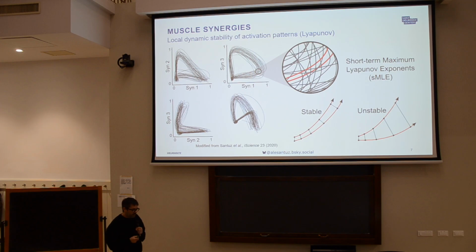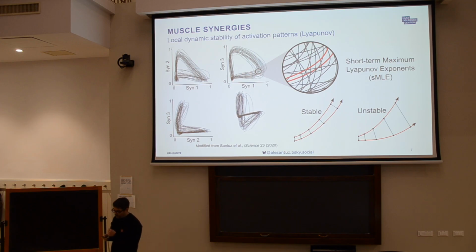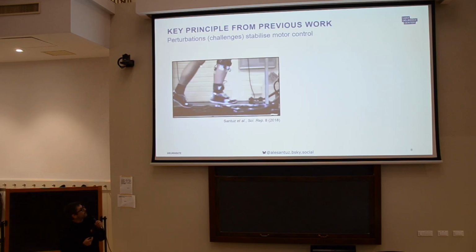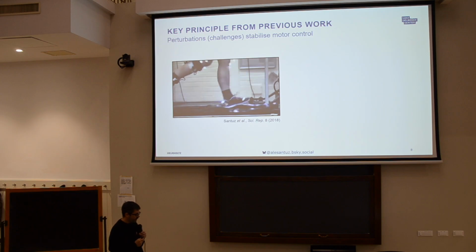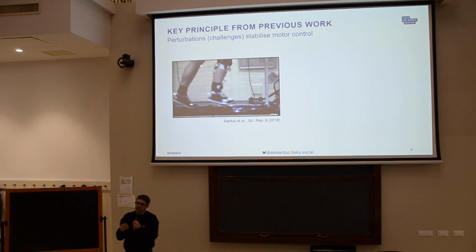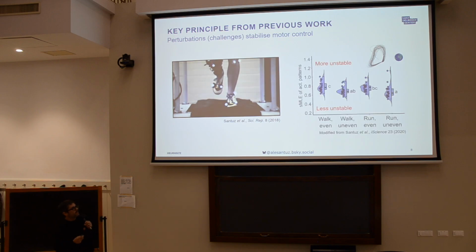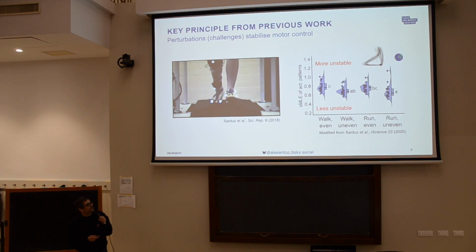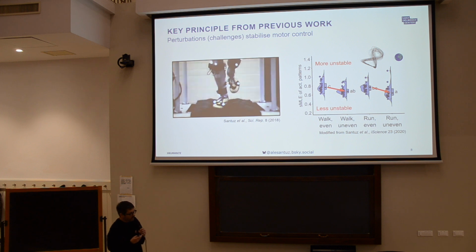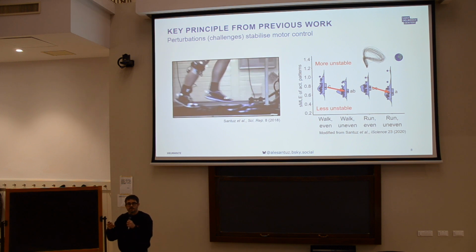I want to tell you one key principle that comes from our previous work. A few years ago, we had the possibility to work in Cluster with this very nice uneven surface treadmill. When we look into the stability of activation patterns on this treadmill, independently of whether we are talking about walking or running, the stability of activation patterns increases, or in this case, the instability decreases, when we add perturbations.